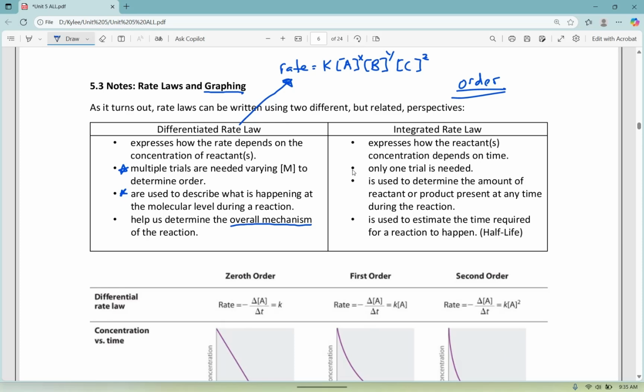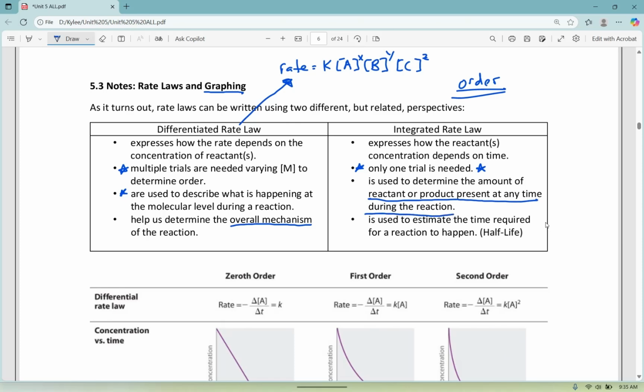The pro for the integrated rate law is that only 1 trial is needed. So I only have to do 1 experiment, and with that 1 experiment I can determine the overall order. Once I understand what the rate law is, I can use it to determine any reactant or product present at any time during the reaction.